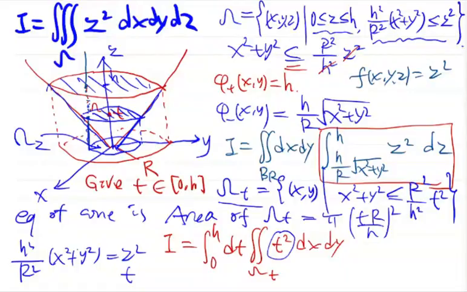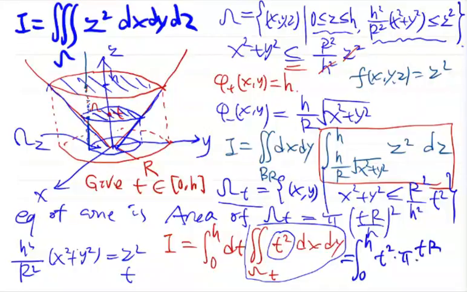It can be considered as a constant. Therefore, the value of the inner integral is t squared multiplied by the area of omega t. Therefore, this will be t squared times the area of the disk, pi r squared over h squared t squared, then dt.